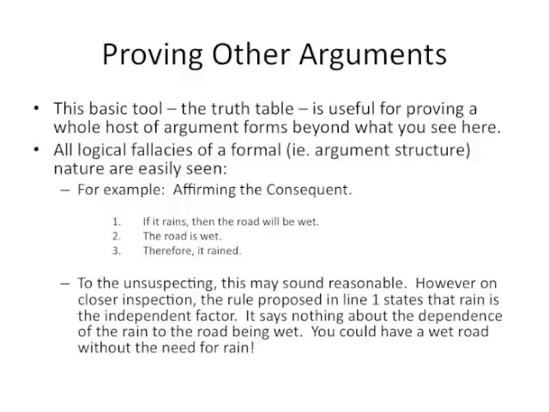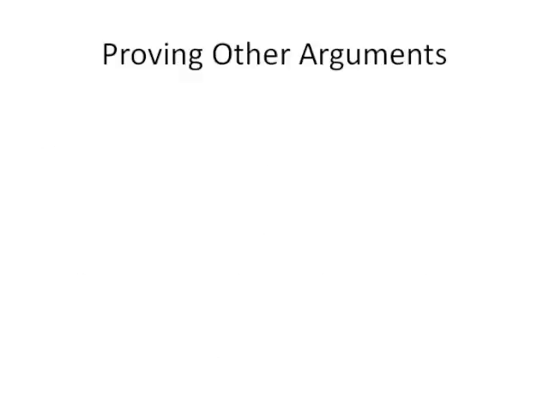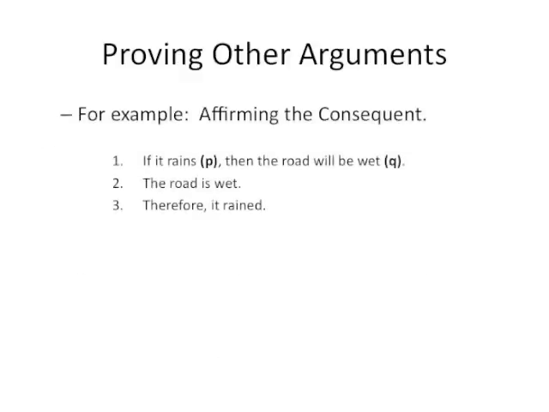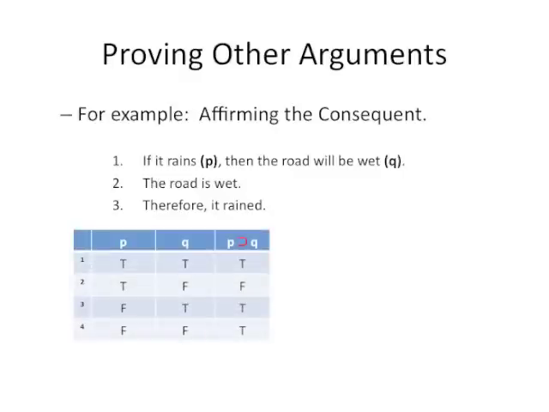But if you look at the truth table for affirming the consequent, right, so let's just say if it rains, we'll state with P, road being wet, we'll identify with Q, and we'll look at our basic implication, all right, so if P then Q. Now our 4 rows, again, map out the truth values, and of course where if P then Q actually works as our conditional.